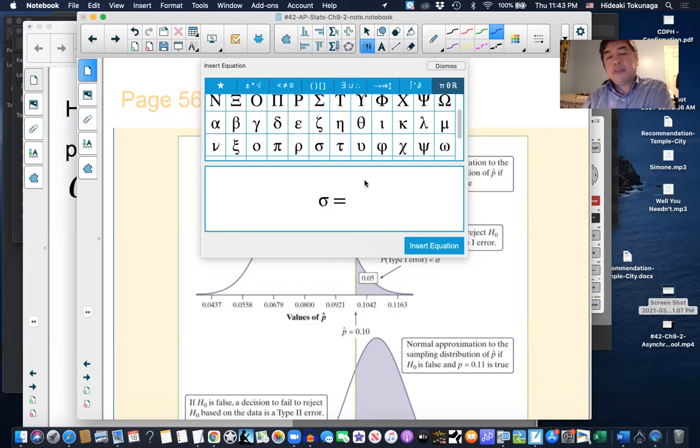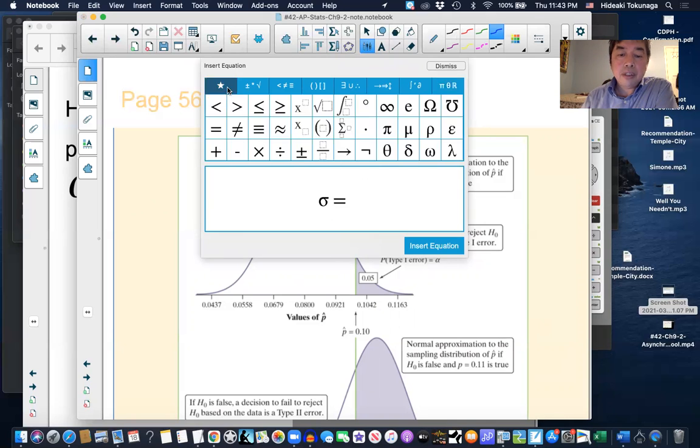the square root. Let me go back to the page. The square root of success, which is 0.08, times, I'll just put times here, failure, which is 0.92.